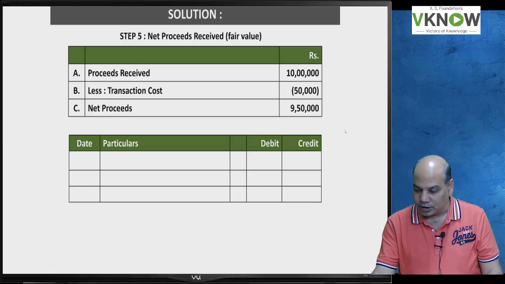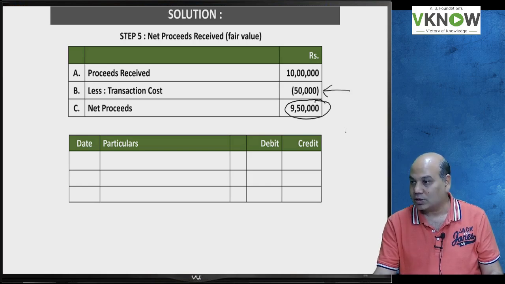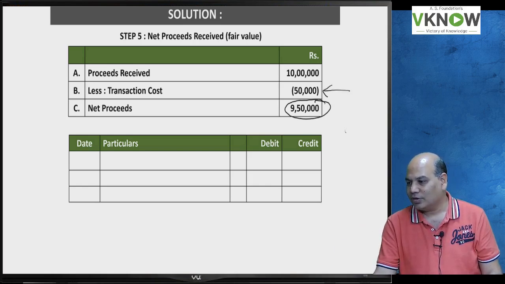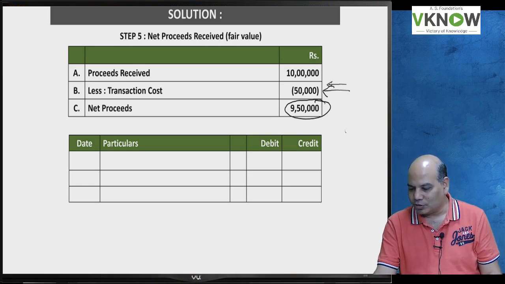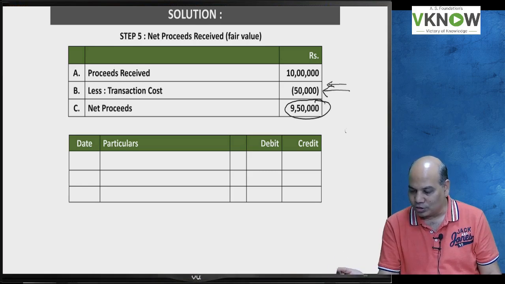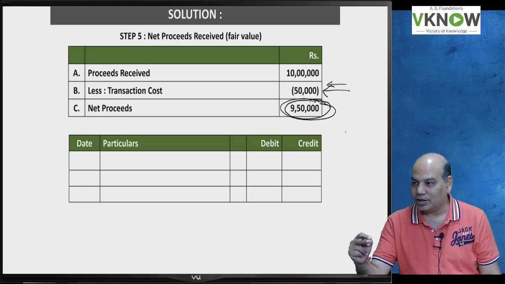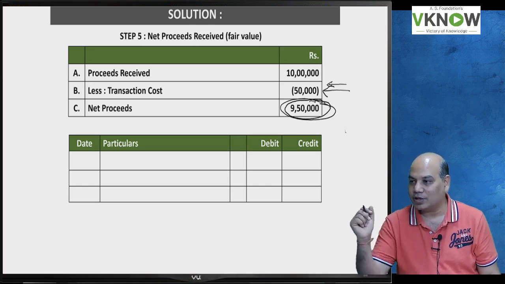Even though I tell 5-10 times that we will record directly 950, still some student ask me this question, sir, you have not recorded that 50,000. Sir, you have not transferred 50,000 to P&L account. Where it has gone? It has gone here only. Is it right? And the effect of that is that your effective interest rate goes up.